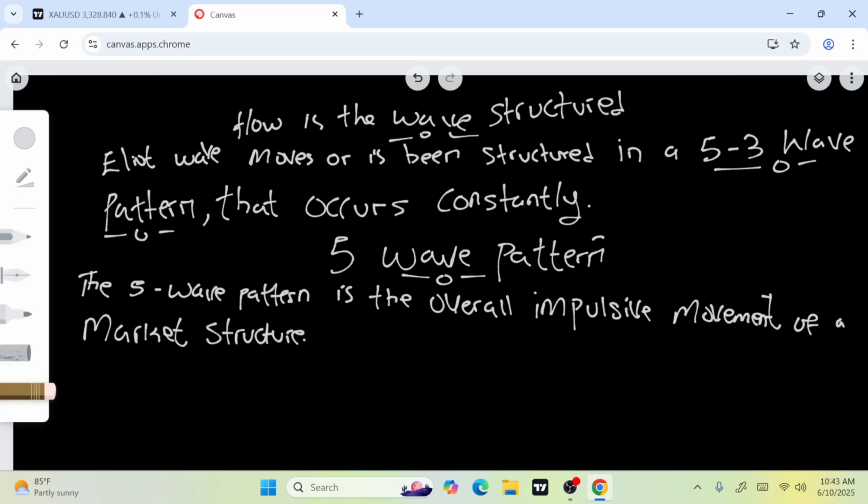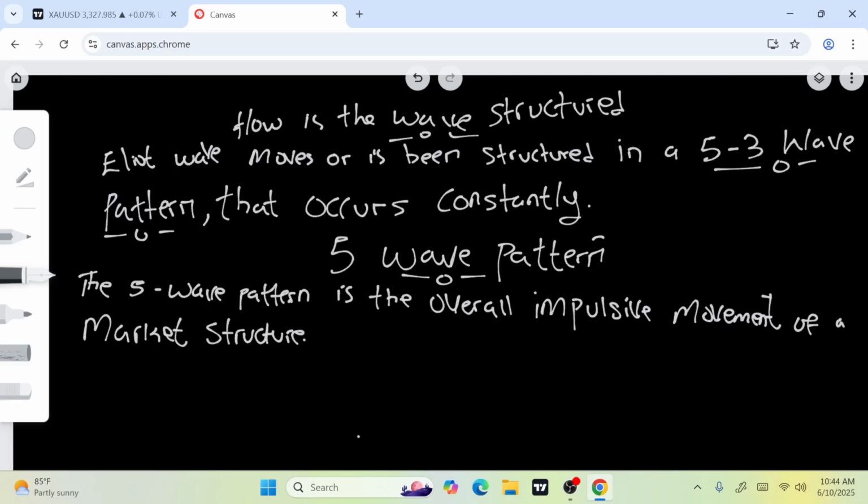Now note that the 5 wave pattern is the overall impulsive movement of a market structure. Now, what does the 5 wave comprise of exactly? The 5 wave comprises a structure like this. Look at the board. When you have a starting point of a trendy market, boom.